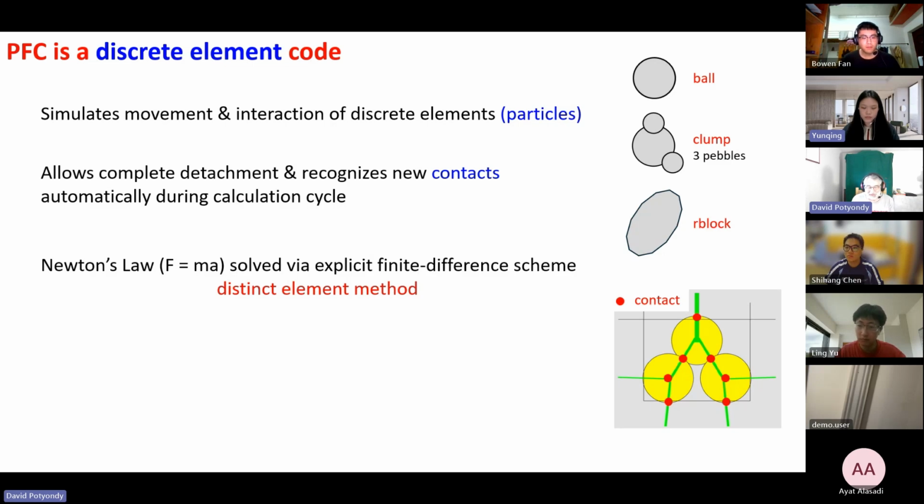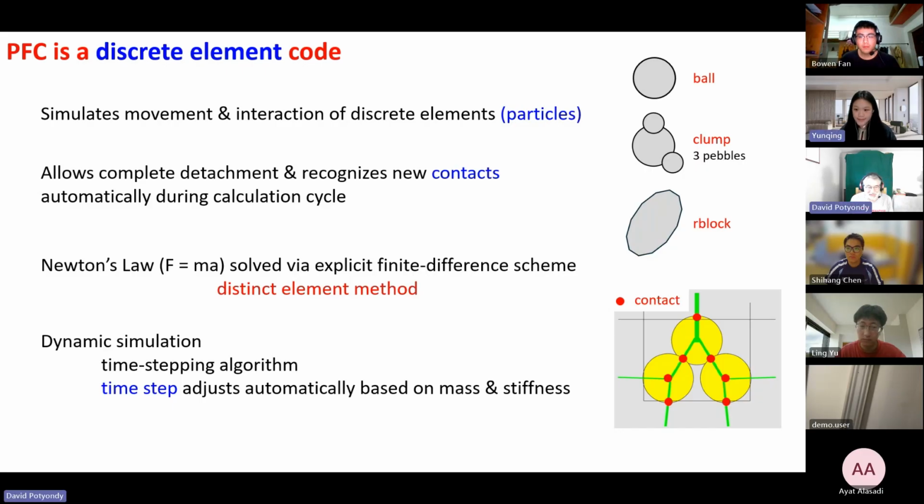And that whole class of programs is called discrete elements. If you use this type of procedure to solve the equations, it's called distinct element. And this was the original approach of how this entire procedure was developed years ago in the mid-1970s by Peter Cundall.